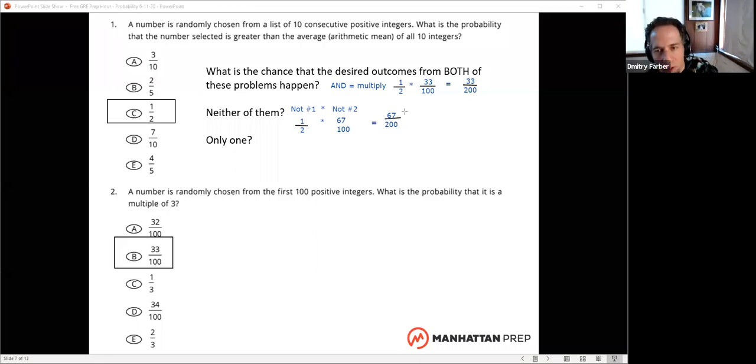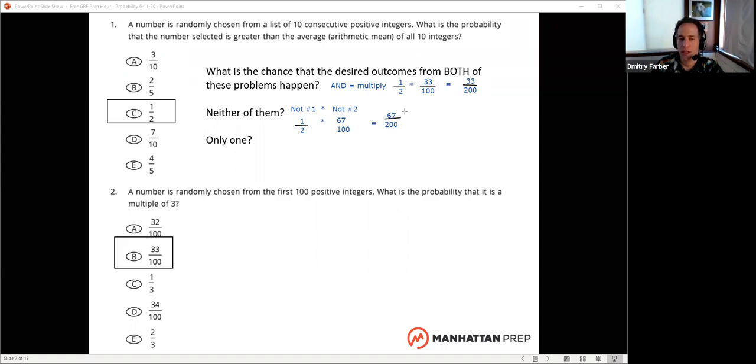So if I have 200 total possibilities, 33 of them involve, in other words, I pick a number out of the first 10 numbers, and then I pick a number out of the next 100 numbers. I mean, you could say there's 1,000 ways that can go, but a lot of them will narrow down and simplify down. So we could say that out of every 200 draws, 33 of them will have both of the answers I want.